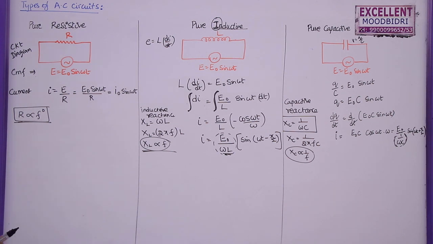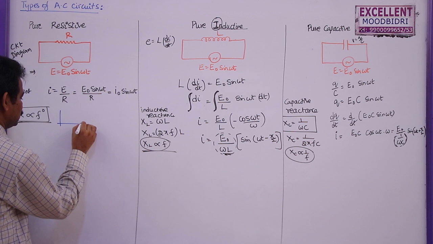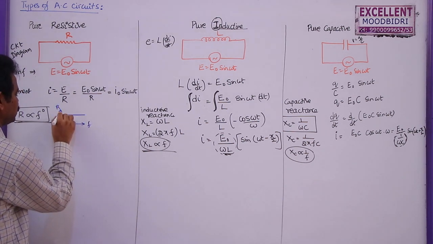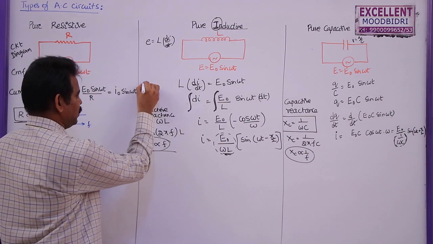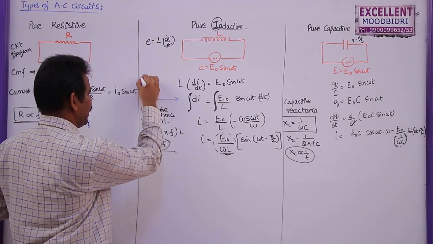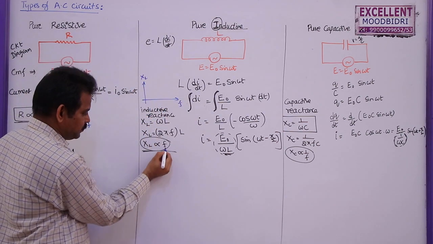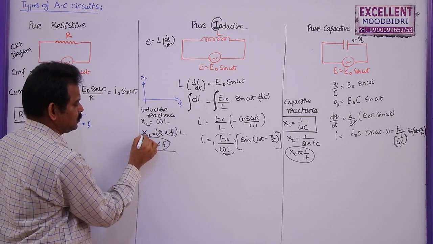For whatever may be the frequency, here let me draw the graph. This is frequency, this is resistance. Resistance remains constant. But what about the variation of inductive reactance with frequency? As frequency increases, this also increases. If frequency is 0, reactance will become 0.